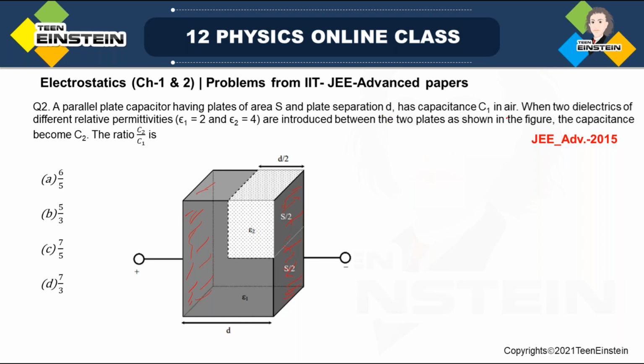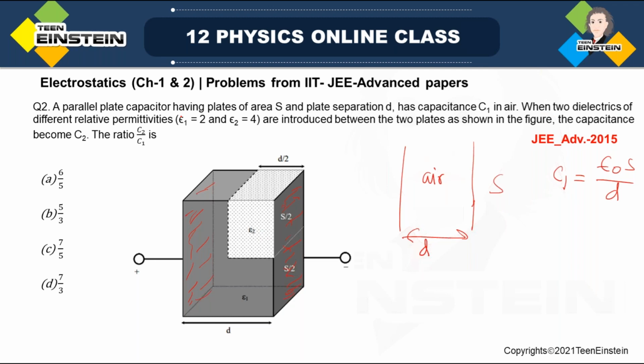So it has plate area S and distance d, and if you have air in between, then the capacitance is C1. And what can we write for this? Epsilon 0 S by d. This is C1, right?